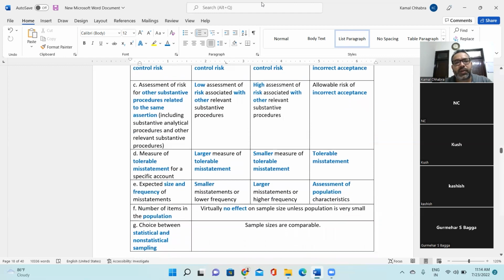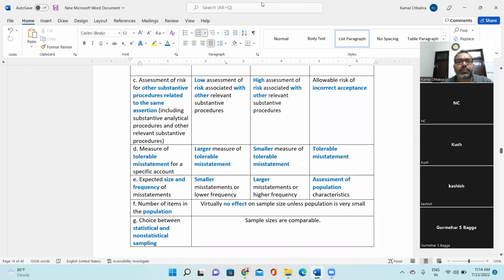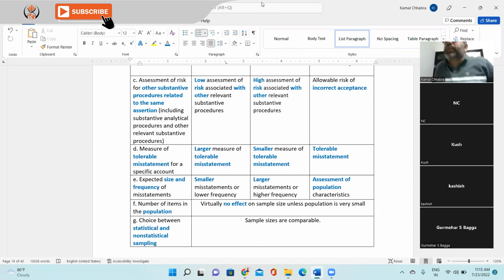Third one is assessment of the risk for other substantive procedures related to the same assertion. For example, we have discussed completeness: general ledger and sub-ledger reconciliation, and then you have sent the confirmation as well. For the balance confirmation for, let's say, receivable, bank balance, or confirmation from the lawyer for litigation claims and assessment, that also gives you comfort over the completeness assertion.